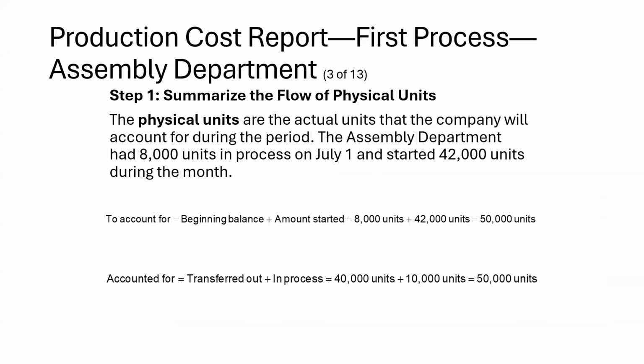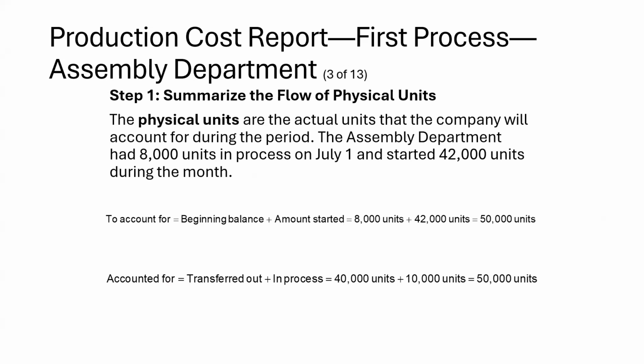The assembly department had 8,000 units in process on July 1st and started 42,000 units during the month. Therefore, the units to account for are 50,000 physical units. The assembly department completed the assembly process on 40,000 of the 50,000 units to account for, and they transferred those units to the cutting department.